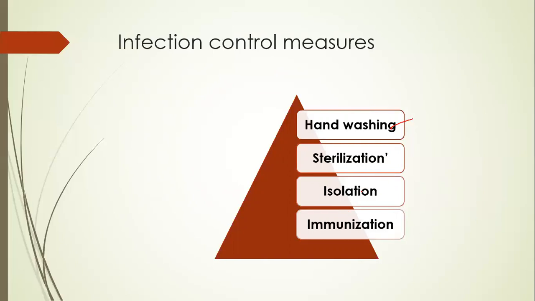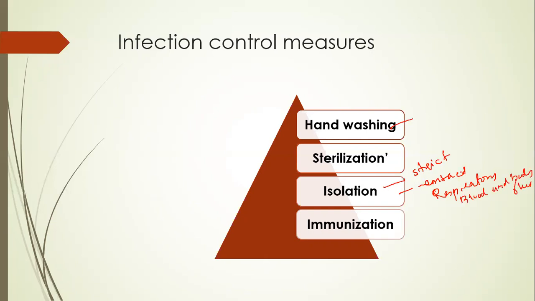Okay, then isolation means we are trying to isolate or separate an infected person from others to prevent the spread of infection. So isolation can be of different kinds, like strict isolation, then contact isolation, then respiratory isolation, then blood and body fluids isolation.